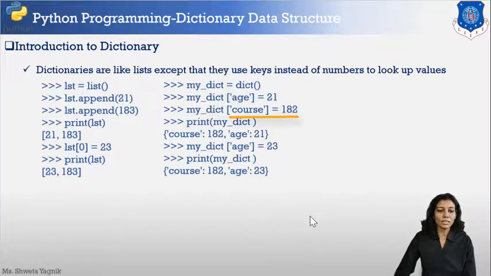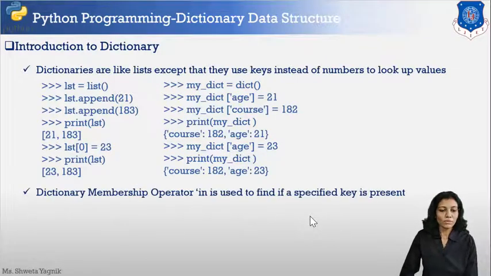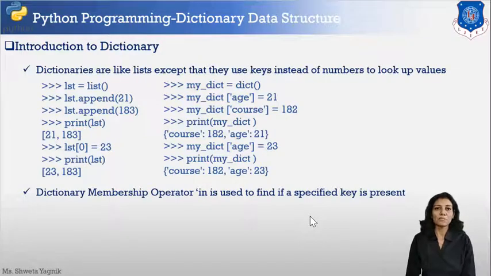So here the key for the value 182 is course, while age is the key to extract the value 21. So if I want to extract age, I'll be using key age, okay, and I can update it also.